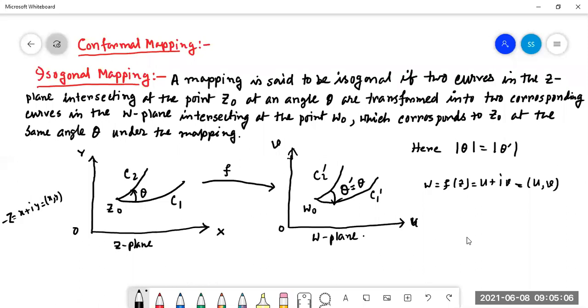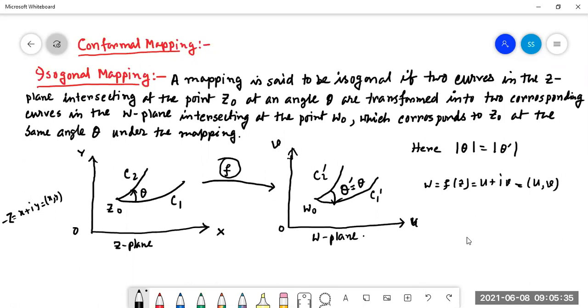Here two curves in the z plane meet at the angle theta, and if we transform via this mapping f from the z plane to the w plane, they also make the same angle. Here the signs are different, but the total measure of the angle, that is mod of theta equal to mod of theta dash, then this mapping f is called the isogonal mapping.